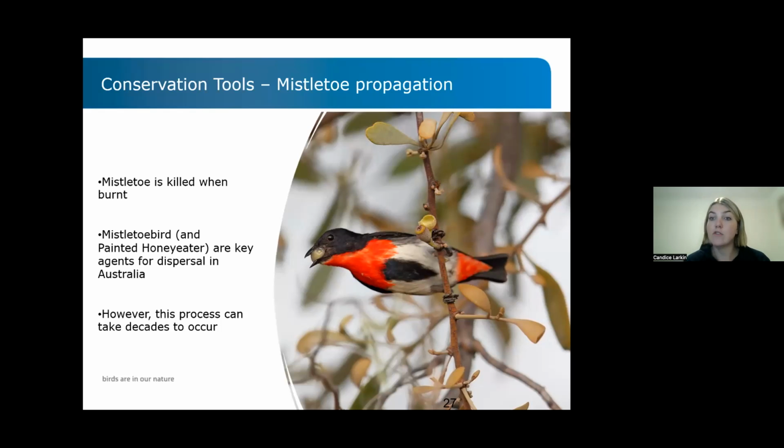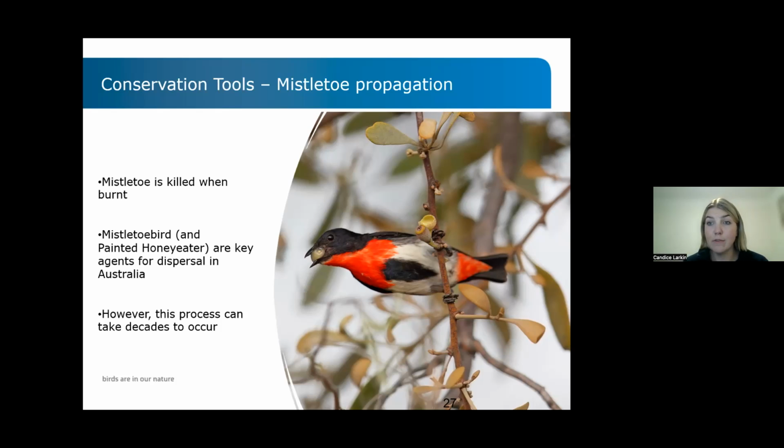And these are key structures for a lot of temperate woodland birds, either for feeding in or for nesting in. I've had birds as large as little eagles building nests in mistletoe. So they're really important, both from a food perspective, but also from a shelter and nest building perspective.